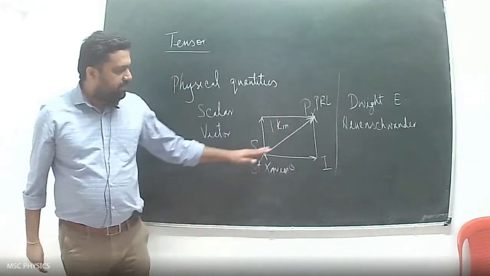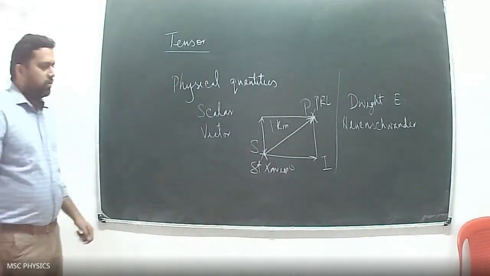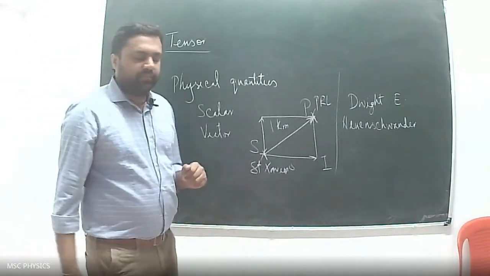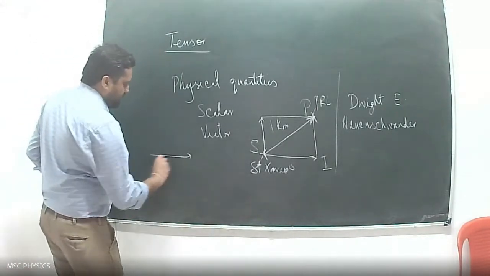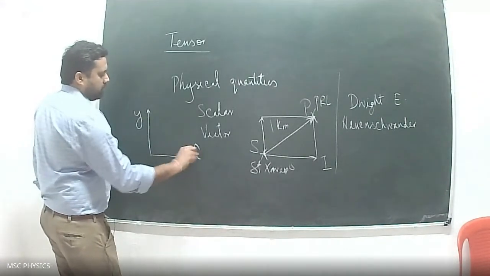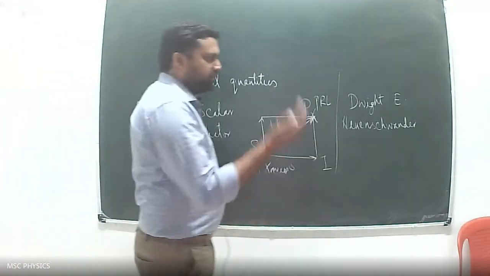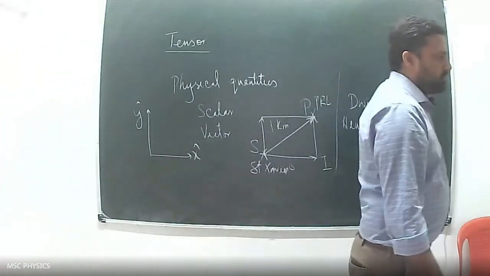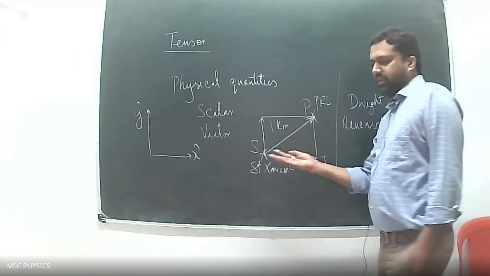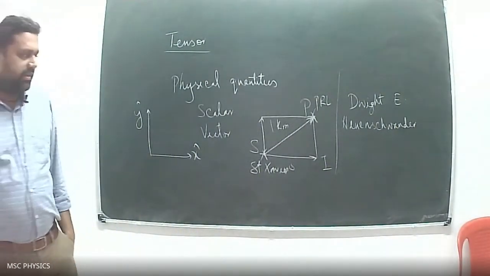So this particular vector, this particular direction, can be decomposed into two mutually perpendicular directions, x and y. You have to move along the x-axis, then you have to move along the y-axis, right? And there could be plus x, plus y, minus y, depending upon where you choose your origin.